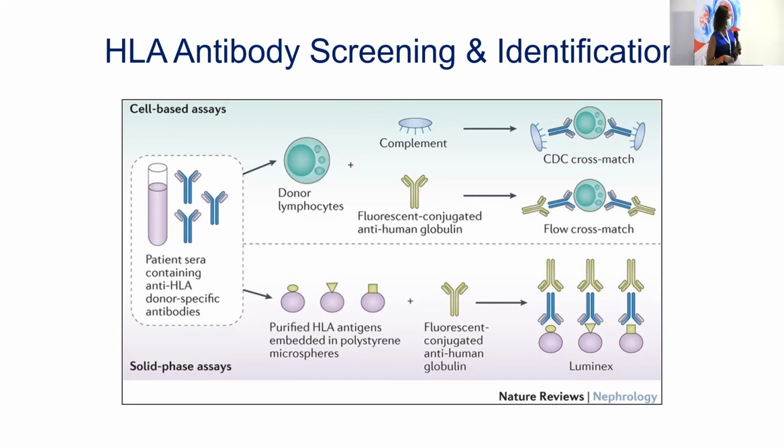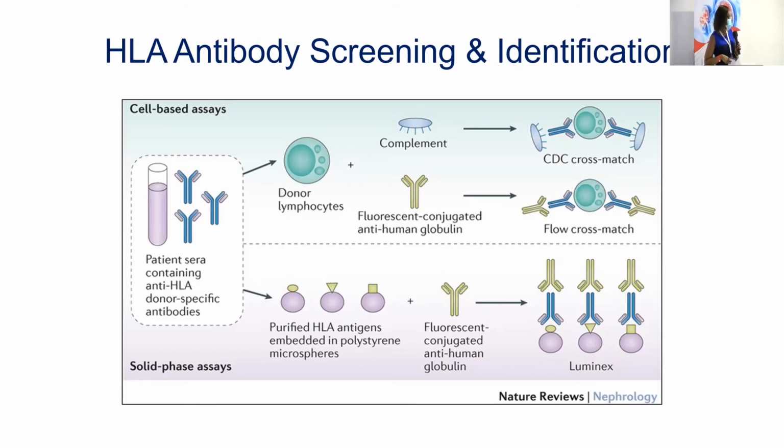If you get binding of antibodies onto the HLA, we add a secondary antibody that is conjugated to a fluorescence tag, and then we analyze by flow cytometry. So it's more sensitive and less subjective than the CDC cross-match. With the CDC cross-match, one would need to quantify the number of lysed cells and actually just count, so it can be subjective depending on who is doing the counting.